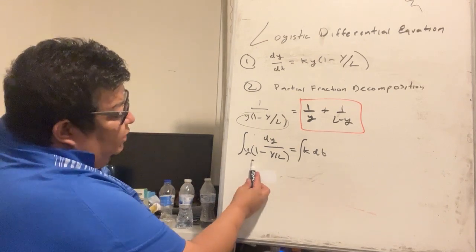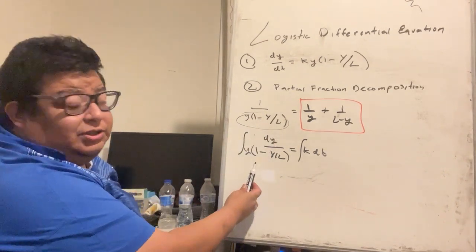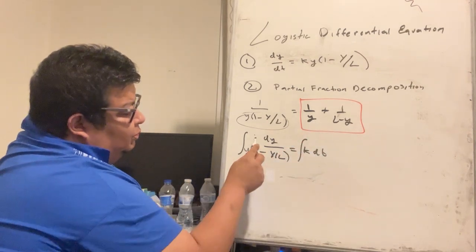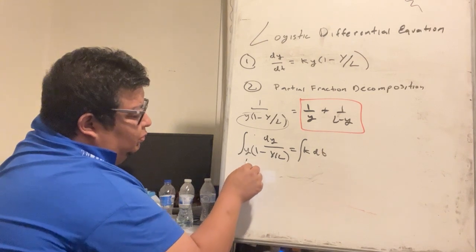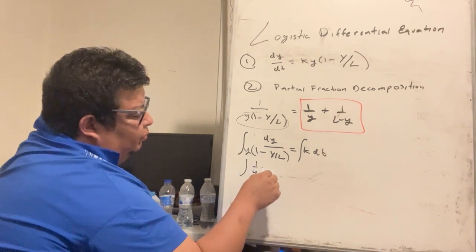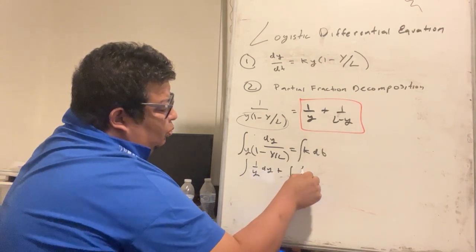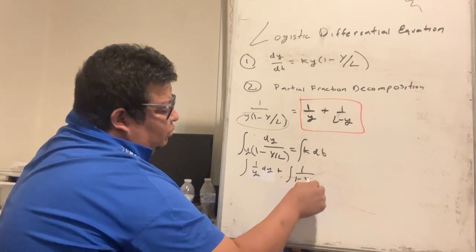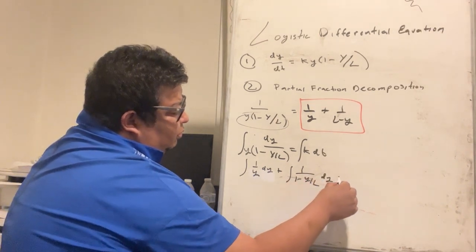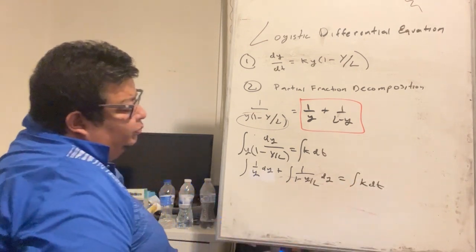Notice this here is this here. So to make this integral easier to solve, we did partial fraction decomposition. So that left side becomes the integral of 1 over y dy plus the integral of 1 over (L minus y) dy, equal to k dt.